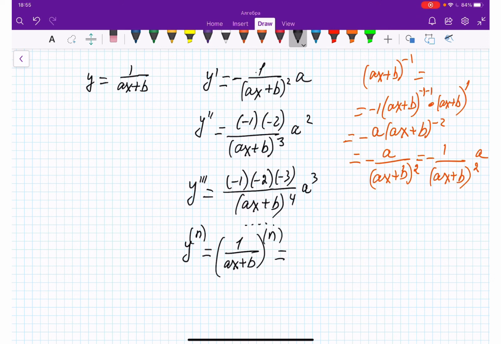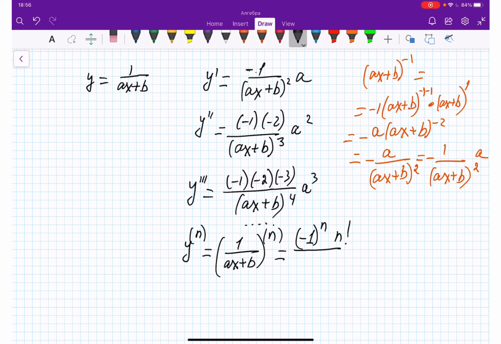So I can write down everywhere I have negative 1, right? Let me put this one also negative here so you can see the pattern better. It's going to be negative 1 to power n, and n factorial, because I have n factorial. Look, I have negative 1 factorial 1, negative 1, and then times 2 of them.